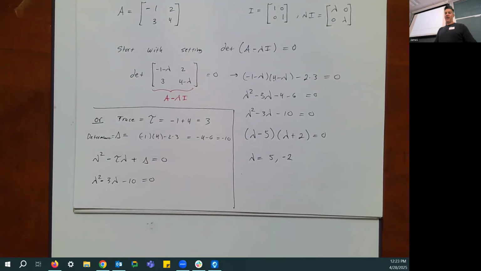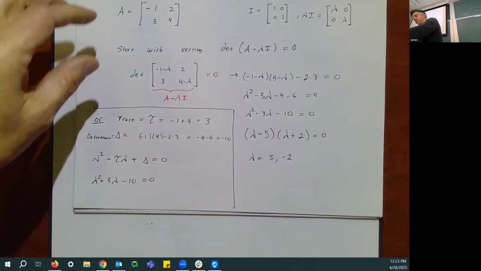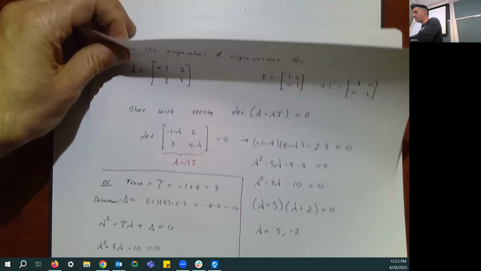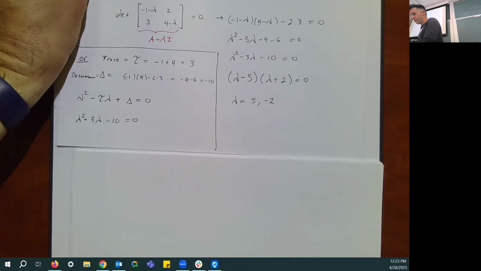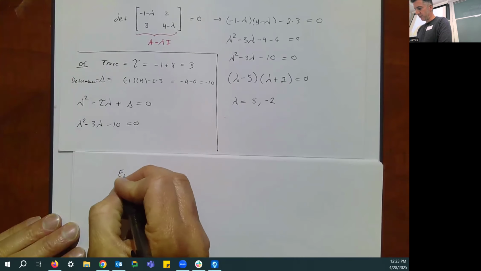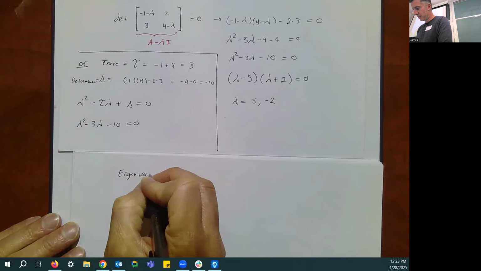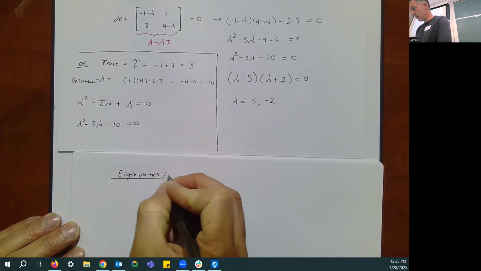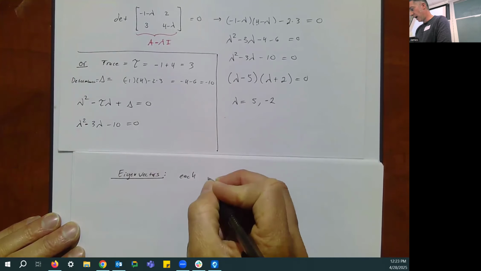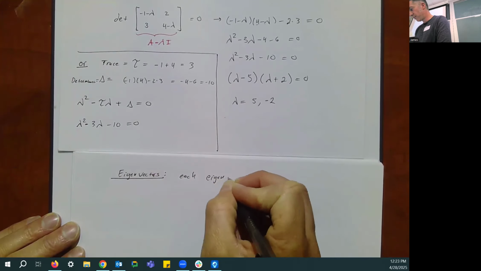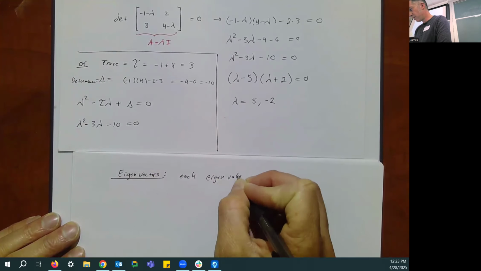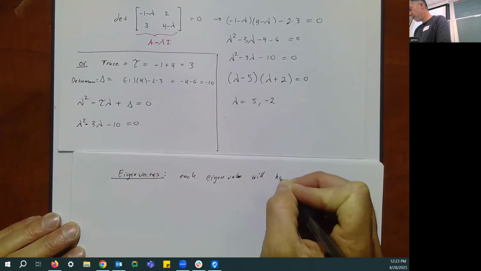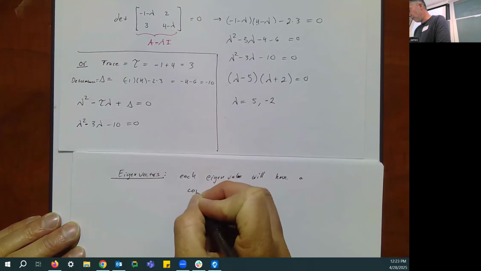So after we find the eigenvalues, how do we find the eigenvectors? Well, we do the following. Actually, there's two different ways of doing it. Eigenvectors. Each eigenvalue will have a corresponding eigenvector.